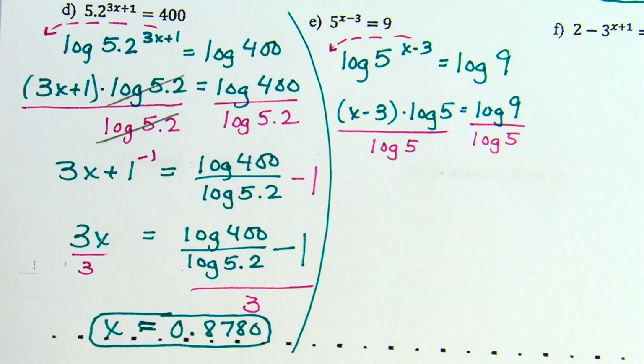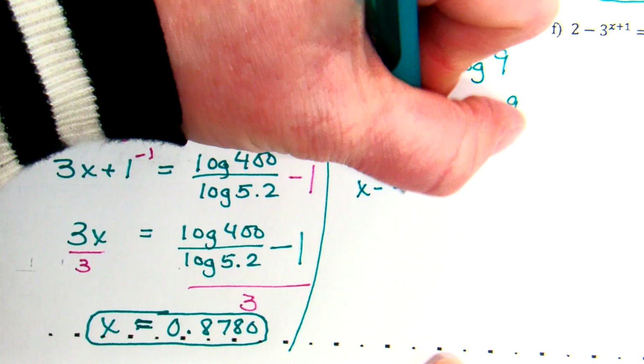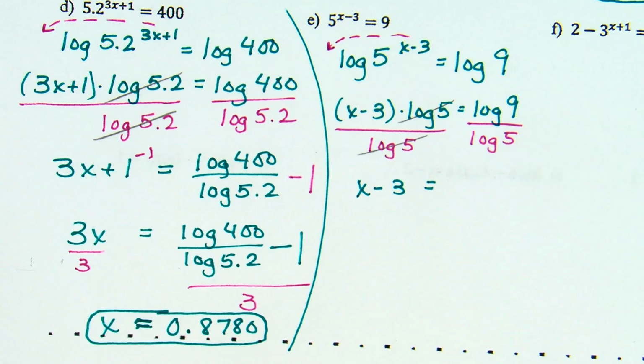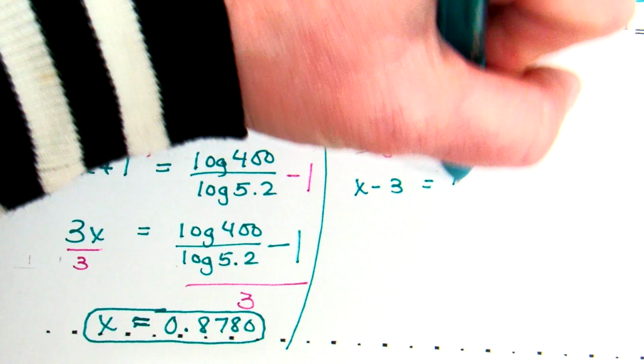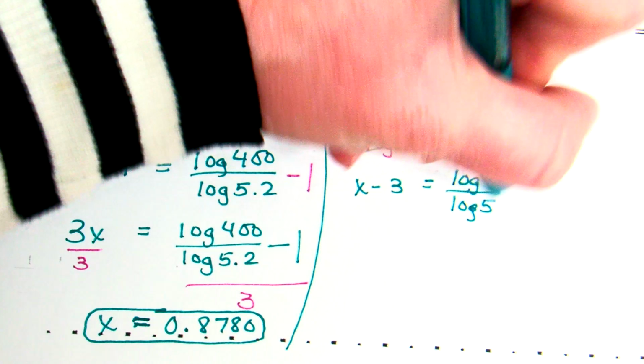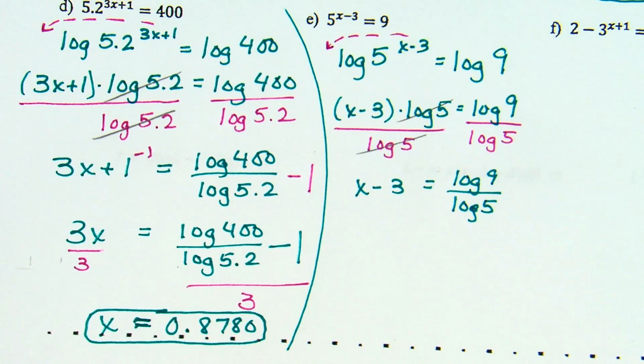Logs cancel. I have x minus 3. And this is where I kind of gave you a choice, right? You can go ahead and put this in the calculator right now and write down the decimal if you want. Or what I tend to do is I just leave it like this for the moment, and I'll get decimals later. So x minus 3 is log 9 divided by log 5.